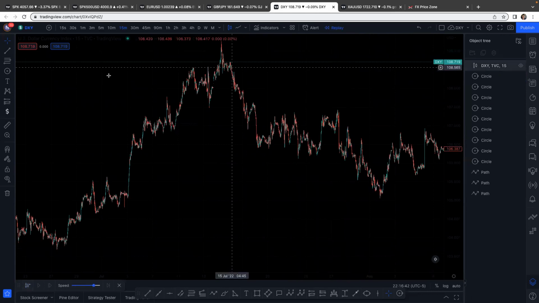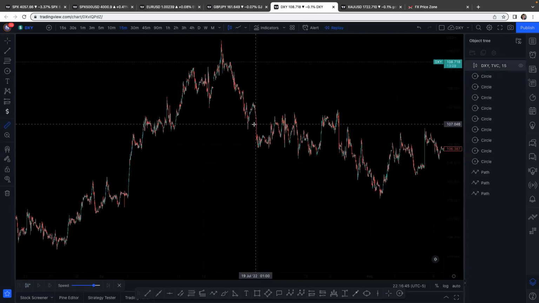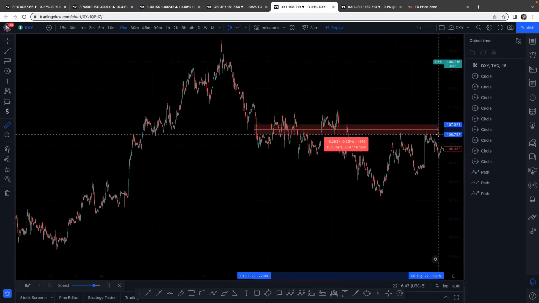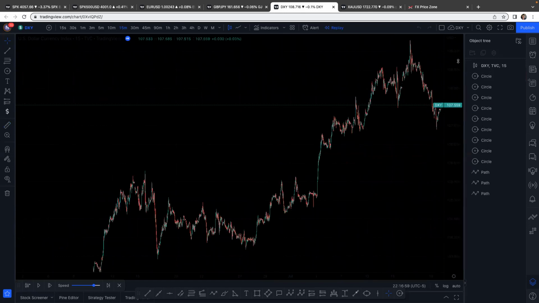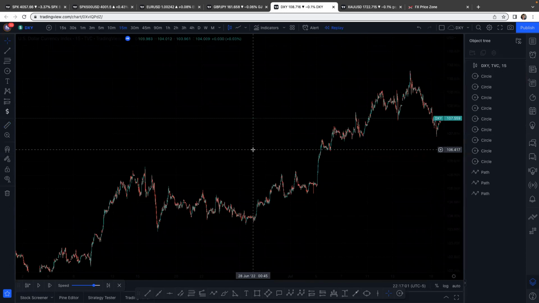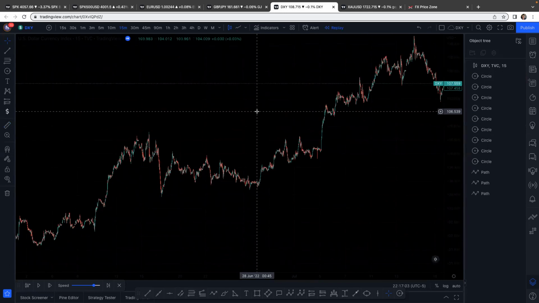I want to measure some of this off. And so what we're going to do next is identify what the uptrend looks like, as well as the downtrend, the market structure moving down, the market structure moving up, and the market structure moving sideways.